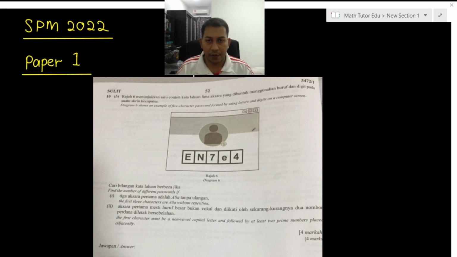So this is part B, question 10 part B. We have gone through the part A and part B questions. Take your time to solve these 2 questions and we will begin the discussion in a count of 5, 4, 3, 2, 1.